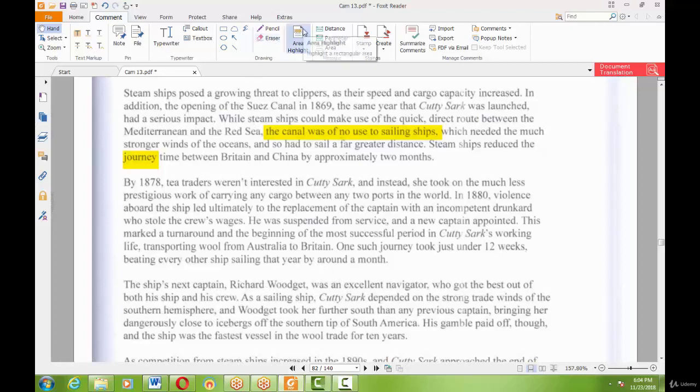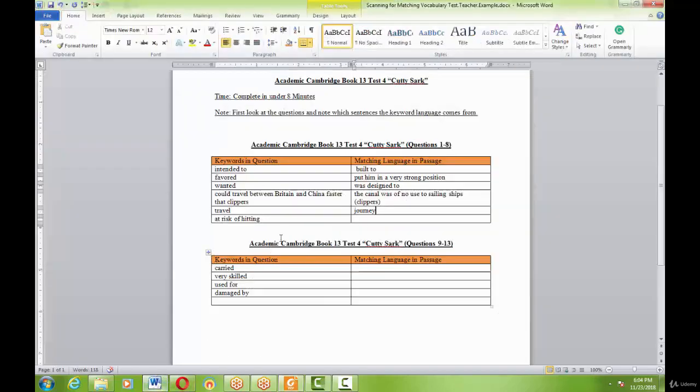Here's the language right here. Dangerously close to. And risk of hitting. All right, so this is how we look at matching language, which will help us determine then if the answer is true, false, or not given.